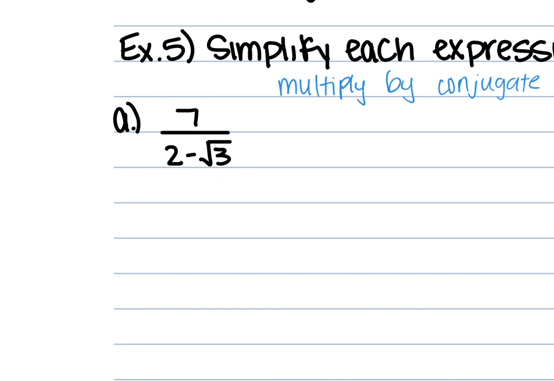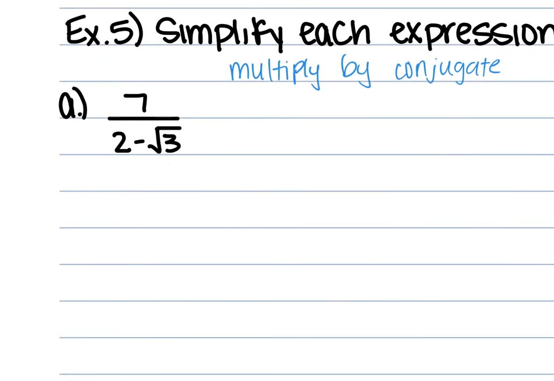So, take a look at the denominator, which is 2 minus the square root of 3. What would be the conjugate of that denominator? Sophia? 2 plus the square root of 3. Very good. So, write down we're multiplying by 2 plus the square root of 3. And if we multiply to the denominator, where else do we need to multiply?